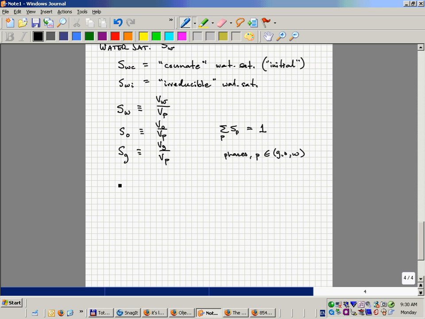The typical range for irreducible water saturation is 5 to 50%. The normal range would be more like 10 to 30% would be the common.